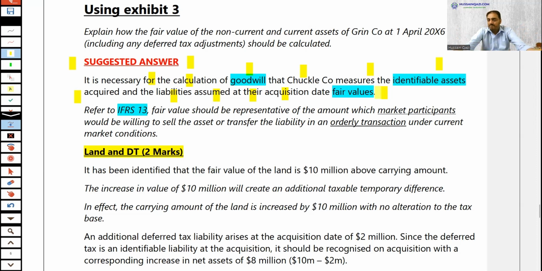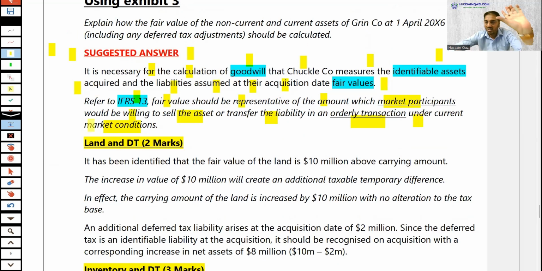For the calculation of goodwill, the parent should measure the identifiable assets of the subsidiary at fair value, assets and liabilities at fair value. Or you can use the words identifiable net assets directly, without specifically mentioning assets and liabilities. Number one, refer to IFRS 13. Fair value should be representative of the amount which a market participant is willing to sell an asset or transfer a liability for in an orderly transaction under market conditions. That's the point: market conditions.